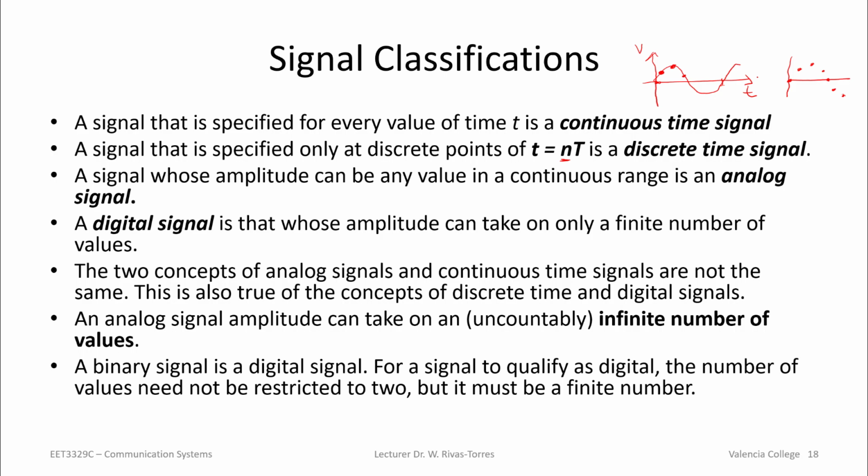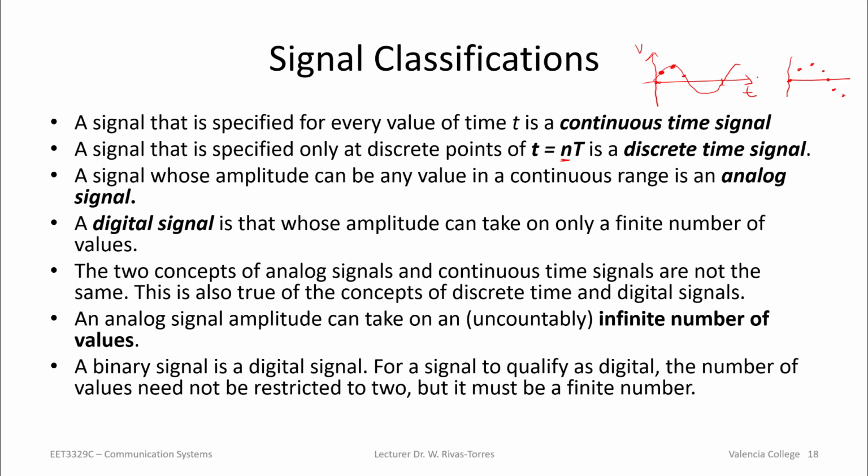An analog signal amplitude can take on an infinite number of values. It can be anything inside its continuum, right? In my example of the sinusoid continuous signal, it can go between +1 and -1, and depending on where you decide to make a measurement or look at it, if you will, that's the value that you get. But it's constantly changing, right?